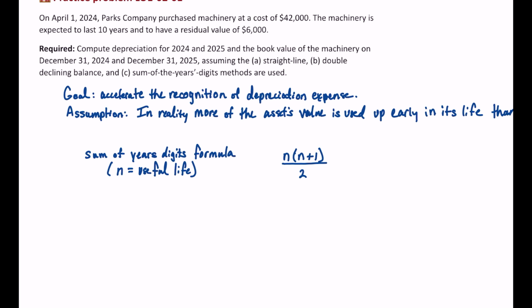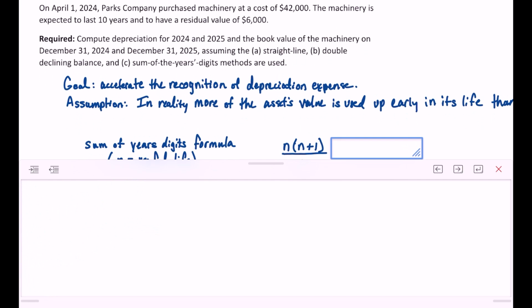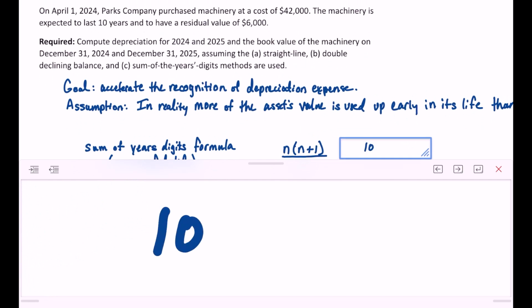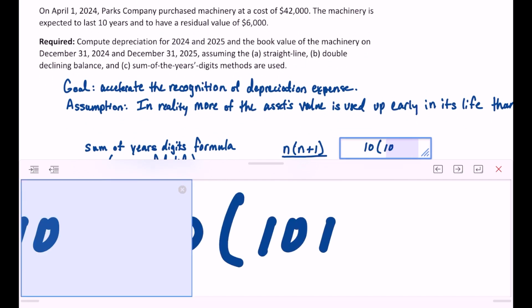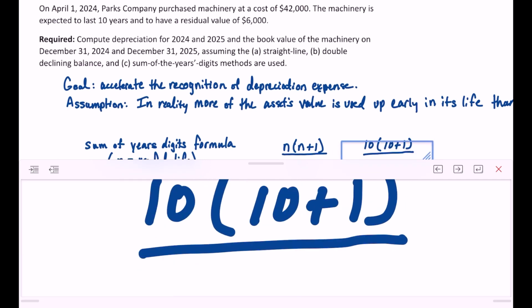In this case, we have an asset that has a useful life of 10 years. So we're going to say 10 multiplied by 10 plus 1, divided by 2.